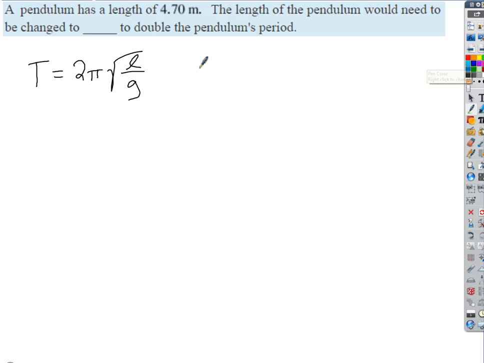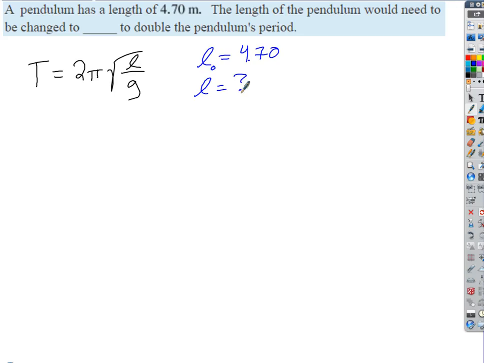So we know L equals 4.70 standard units, right? We want to know what the length would need to be changed to in order to double the pendulum's period. So let's call this L sub 0, or L naught. That's our initial length. And we're trying to find the new length, so we'll call it L.